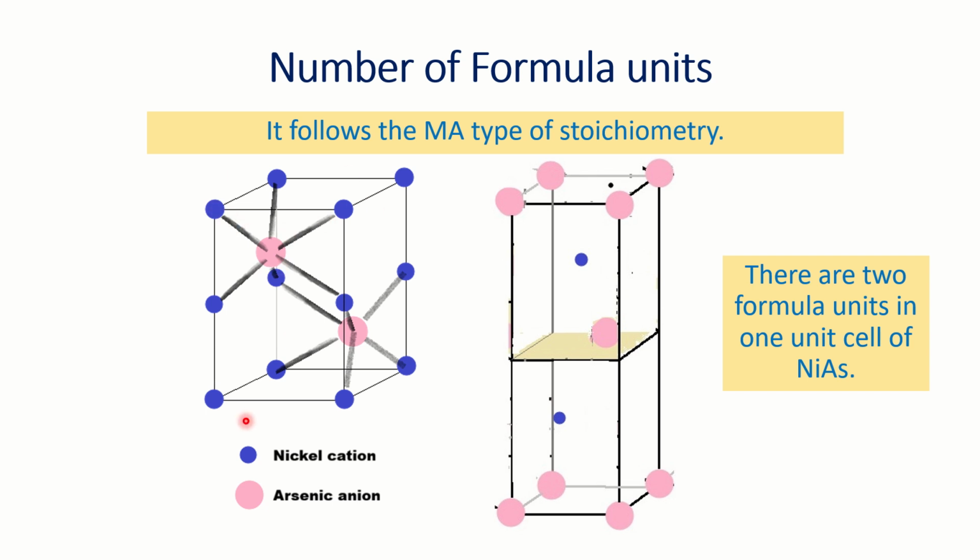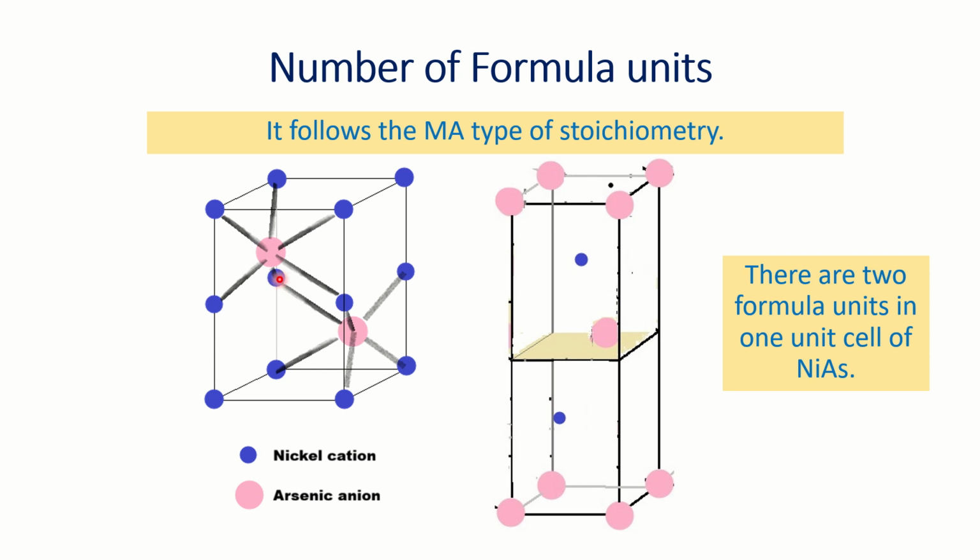1, 2, 3, 4, 1, 2, 3, 4. This is the contribution from the vertices, which is 1. We know that. And here at the edge, this is the 60-degree edge. This can be shared by 6. And this is the 120-degree edge. This can be shared by 3 unit cells.